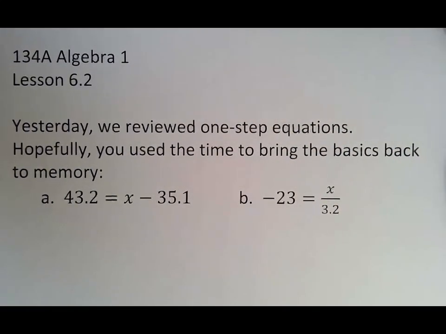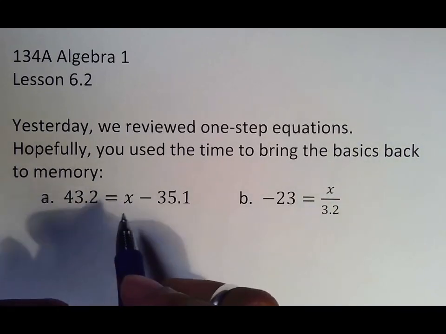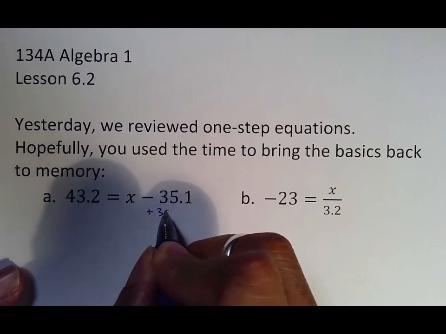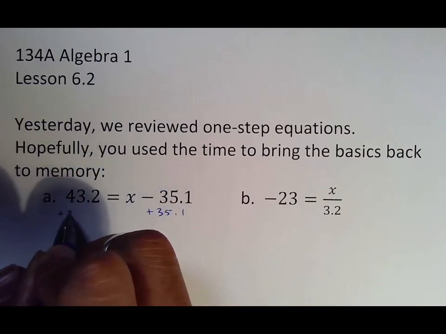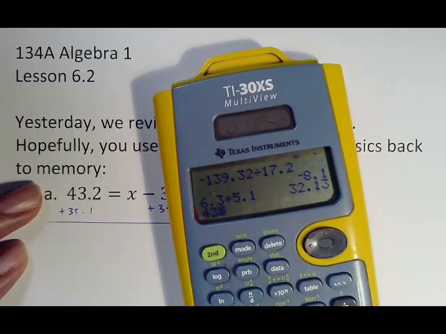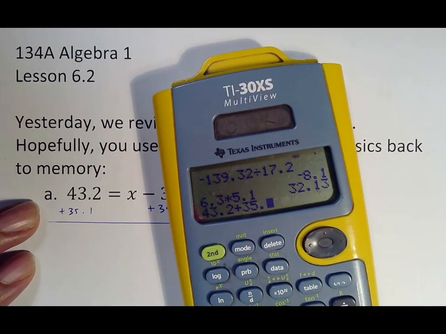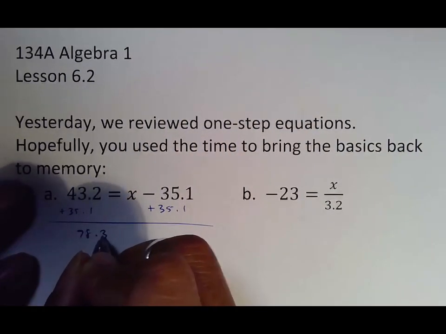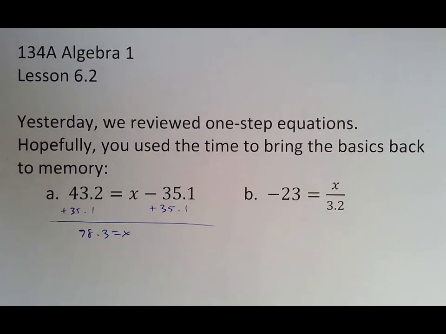But yesterday we reviewed one-step equations. Hopefully you used that time to bring back the basics. What we learned was that negative 35.1 was with x, so we add 35.1 to both sides. We then do 43.2 plus 35.1 equals 78.3. And that was that.